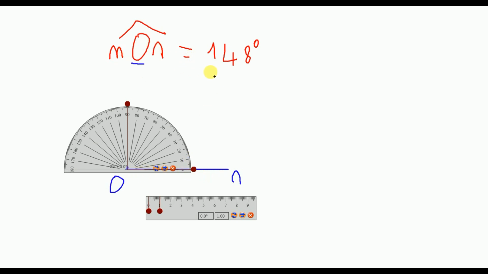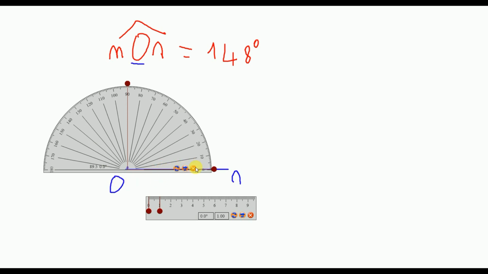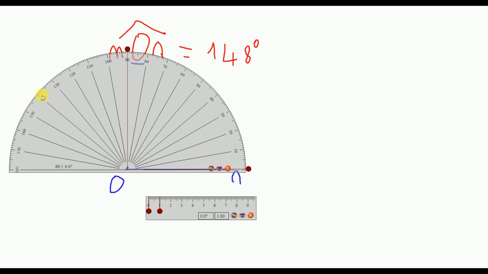Now I need to find the dash of 148 degrees to be able to draw the second side OM. I count from 0 till 140, 148. 1, 2, 3, here if you want to see it better, 140 or 145, 1, 2, 3. This is the dash of 148 degrees.